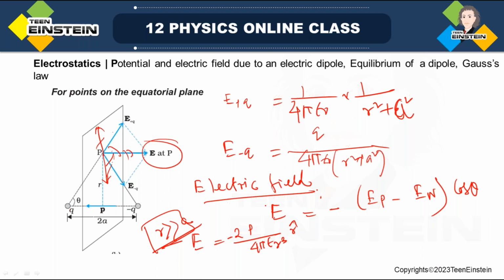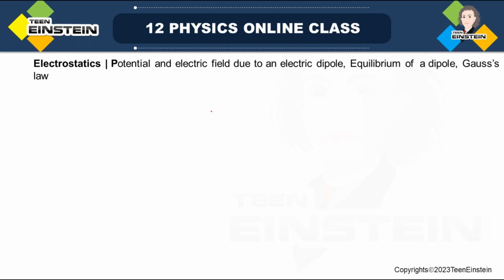Now there is a time to compare. Actually, I have a few values. Two p by 4 pi epsilon naught r cube.